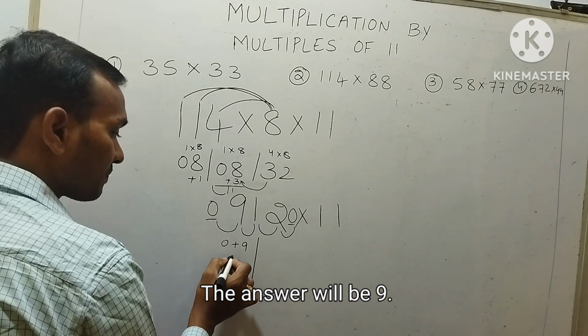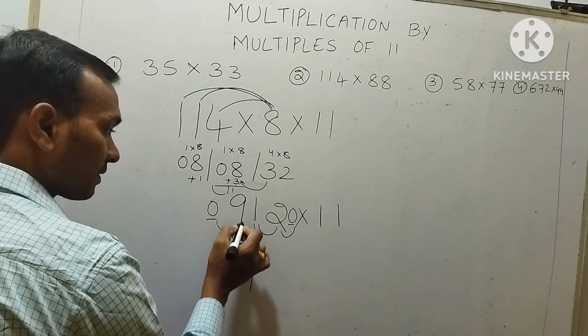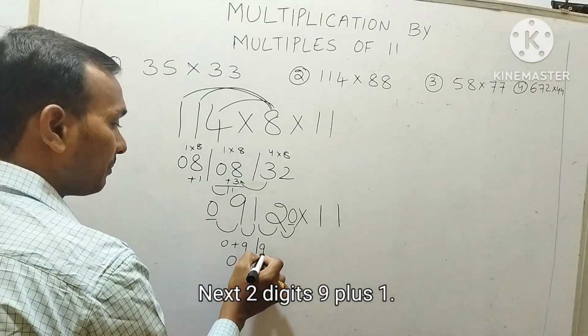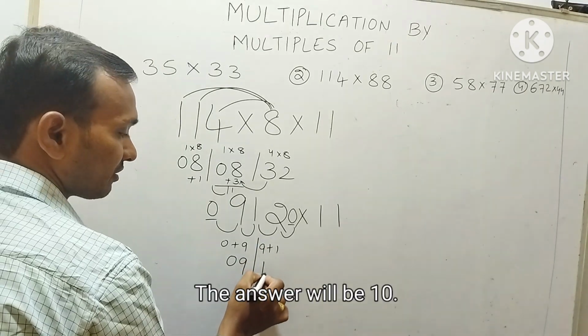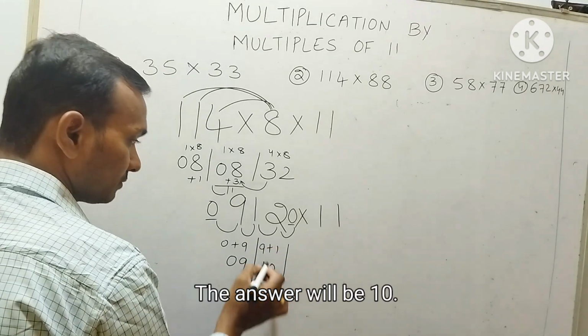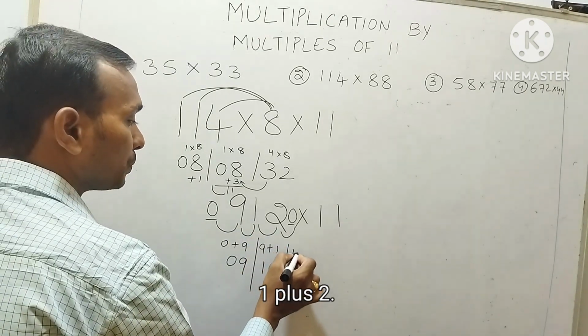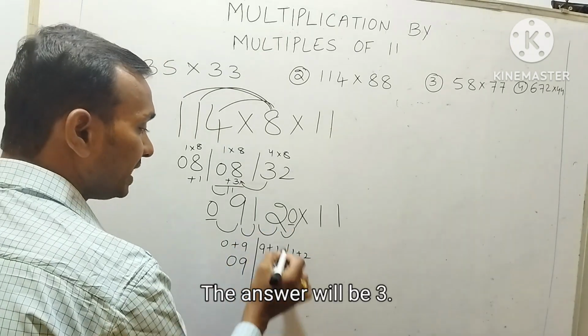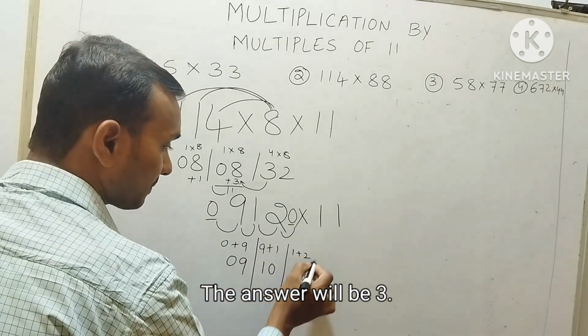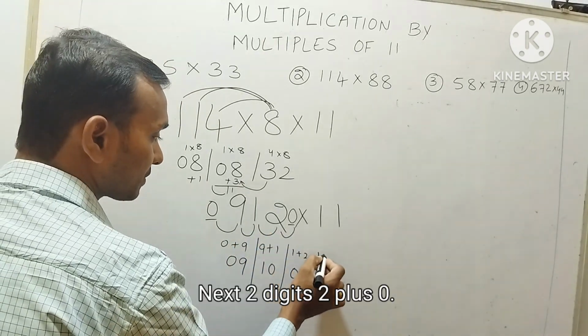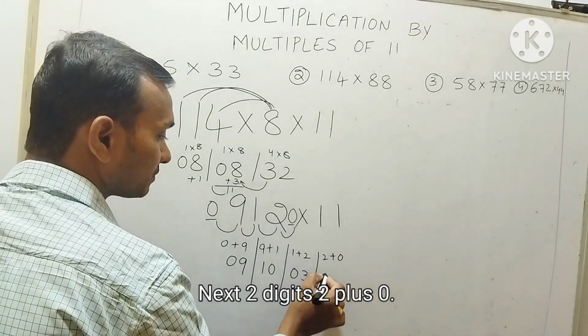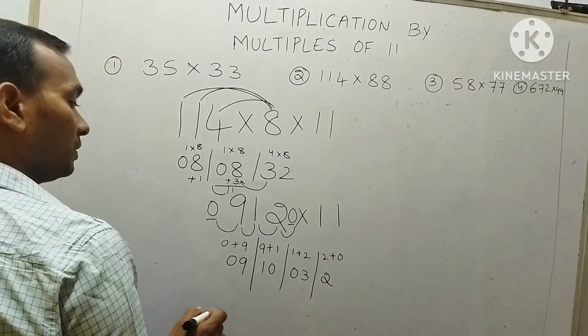The answer will be 9. Next 2 digits. 9 plus 1. The answer will be 10. 1 plus 2. The answer will be 3. Next 2 digits. 2 plus 0. The answer will be 2.